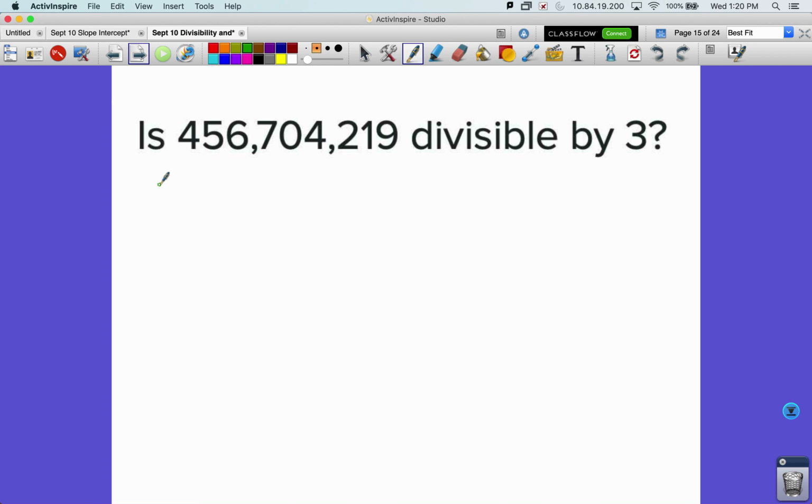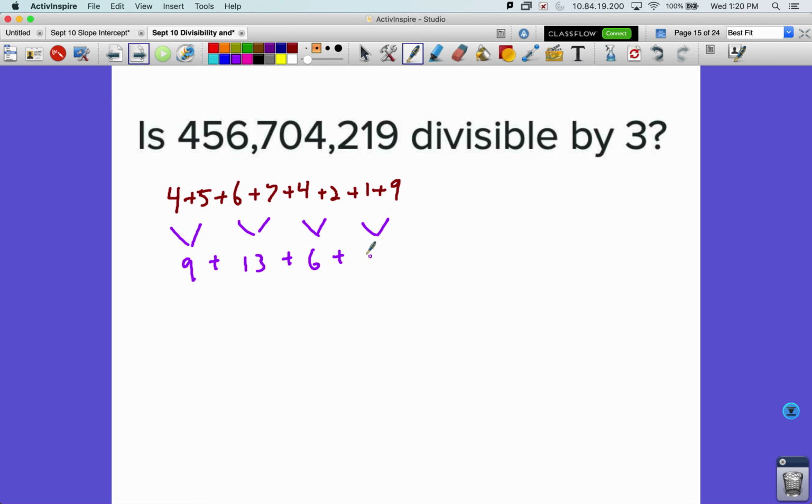Is 456,704,219 divisible by 3? Without a calculator, I can figure this out. I just go 4 plus 5 plus 6 plus 7 plus 4 plus 2 plus 1 plus 9. I'll pair these off to add it quicker. So 9 plus 13 plus 6 plus 10.